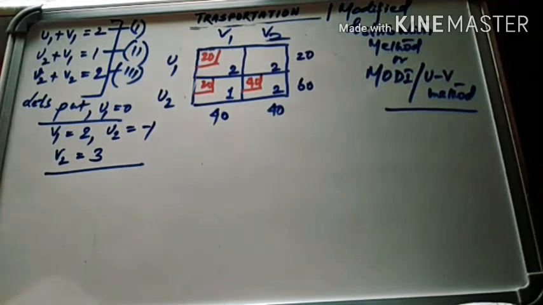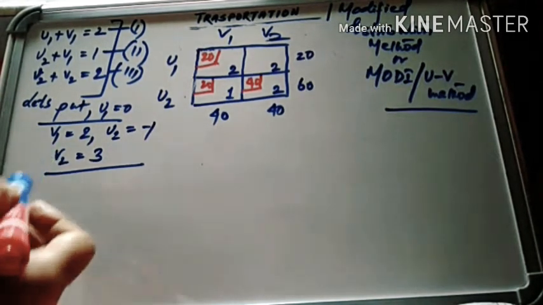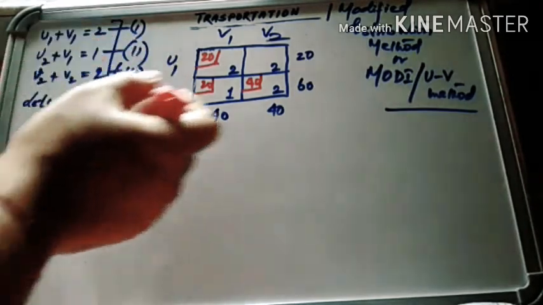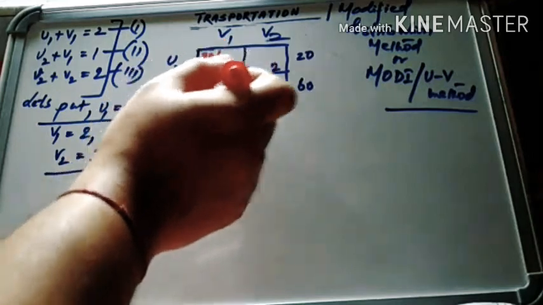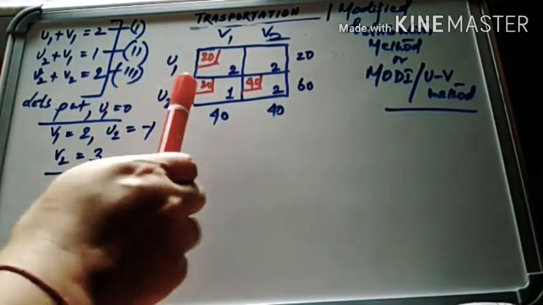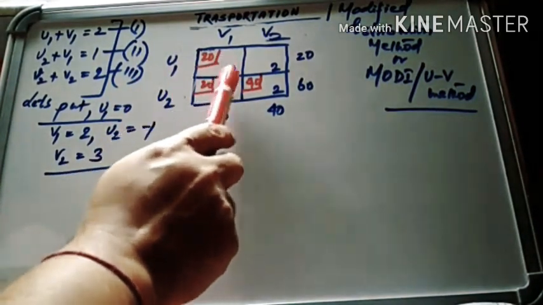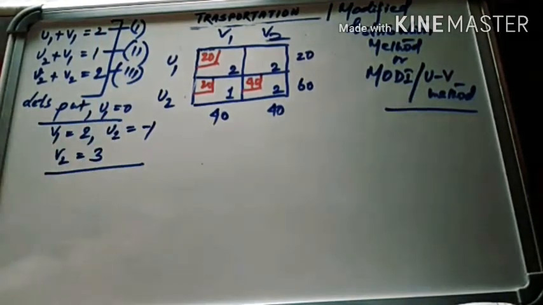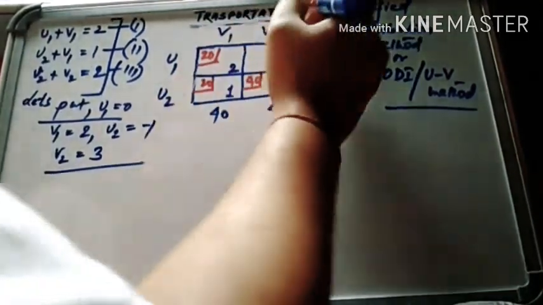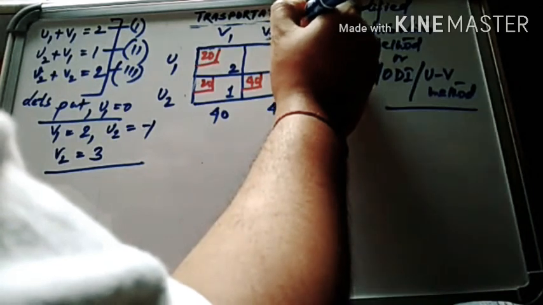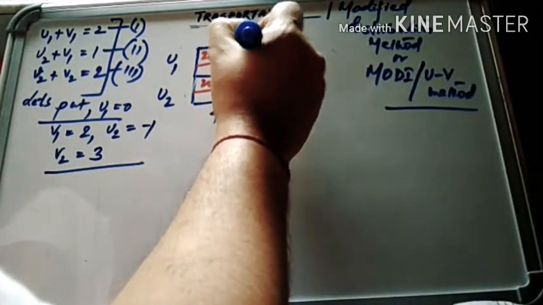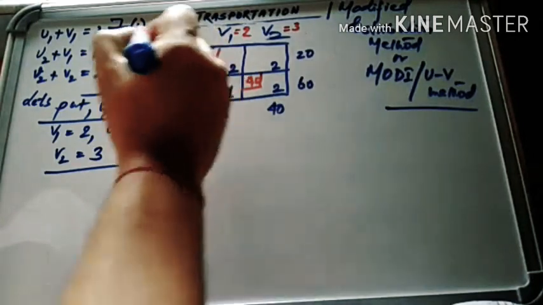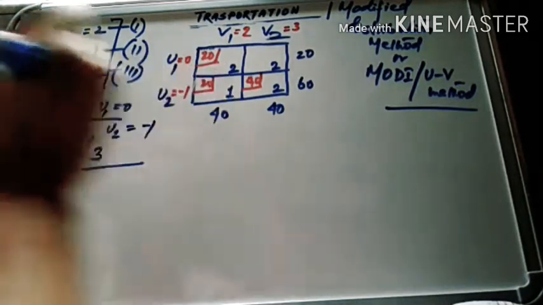Now let us see what these Cij values tell you. V2 we have got 3, I can write it over here, V1 equal to 2, U1 equal to 0, U2 equal to minus 1.